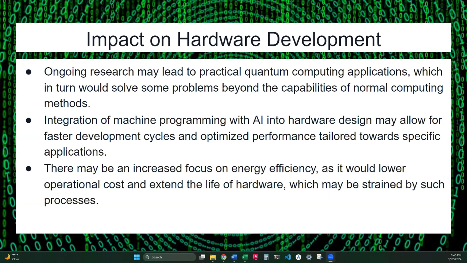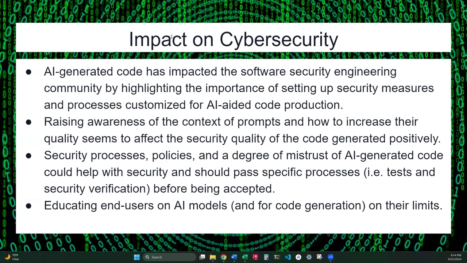Machine programming has an impact on cybersecurity as well. AI-generated code has impacted the software security engineering community by highlighting the importance of setting up security measures and processes customized for AI-aided code production. Raising awareness of the context of prompts and how to increase their quality seem to affect the security quality of the code generated positively.